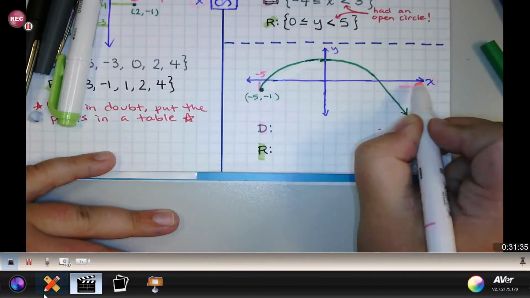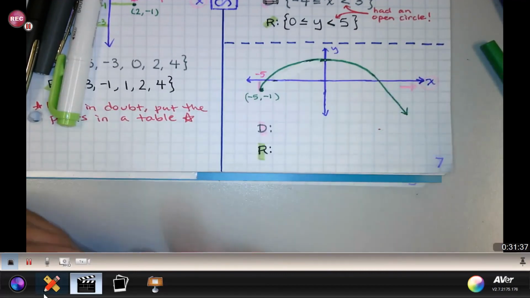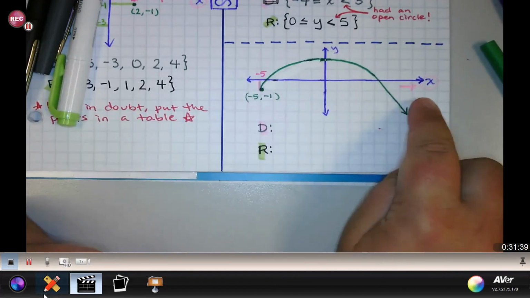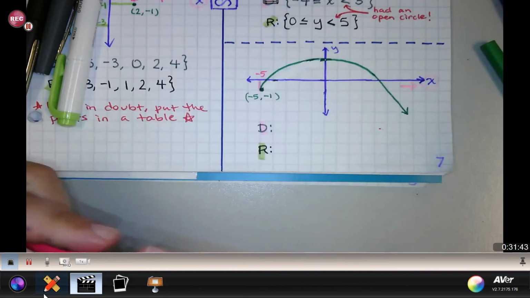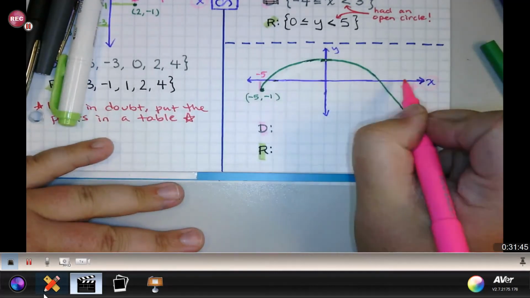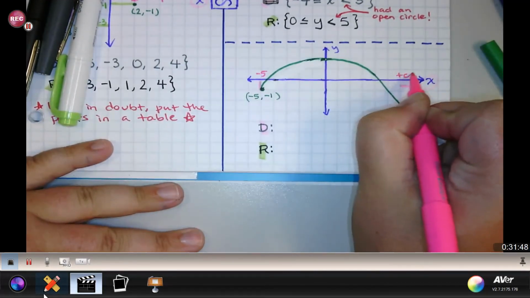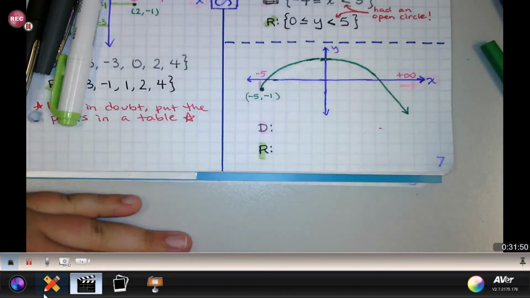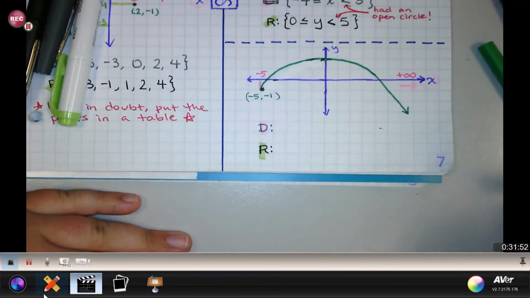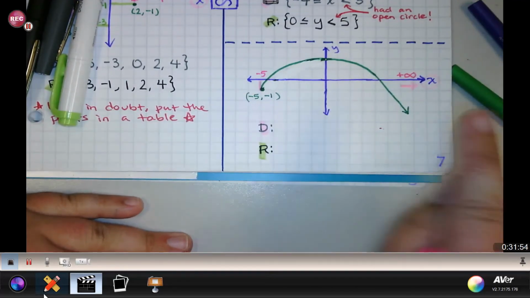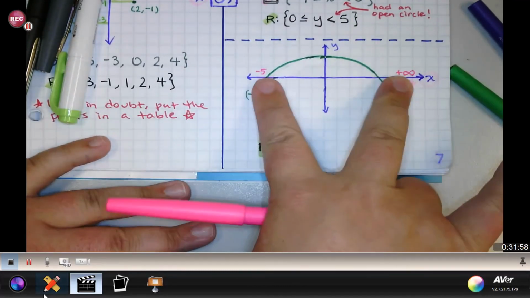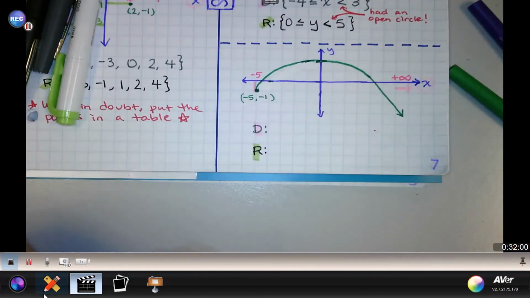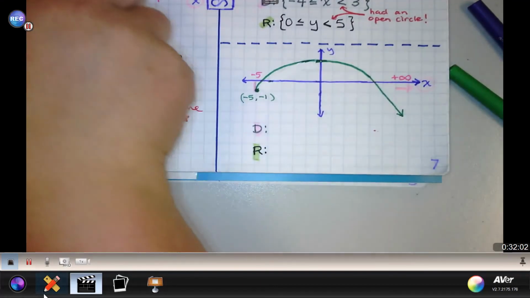So what I'm going to do is put a little arrow like that over here, meaning that it keeps going that way to the right. Well, what is that way to the right but positive infinity? Positive infinity is that concept that it just goes forever and never stops and just keeps getting bigger to the positive way, right? So that means we use these two numbers for our inequality.